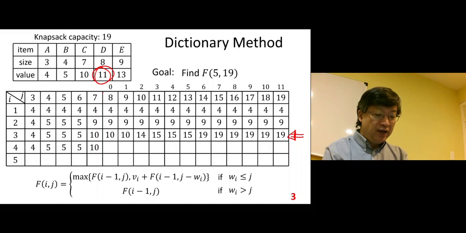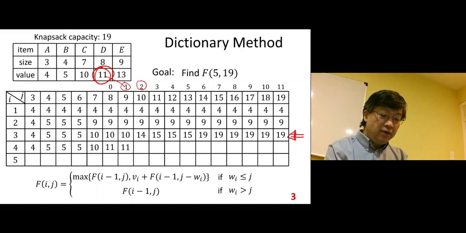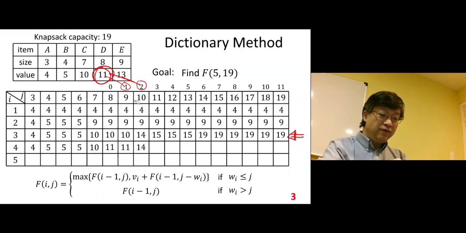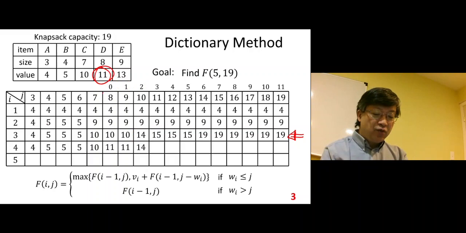That's 0, so 11. 11 is better than 10, we put 11. Still, this could give us a 0 number: 11 plus 0, still 11, better than 10, we put that. For this one too, it also gives us 0, 11 plus 0, 11, but not better than 14. 14 is better, so we use 14 here.